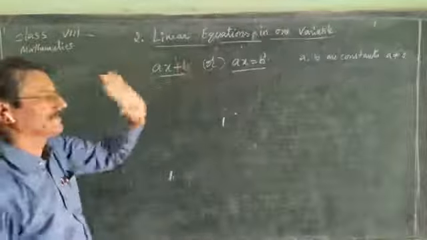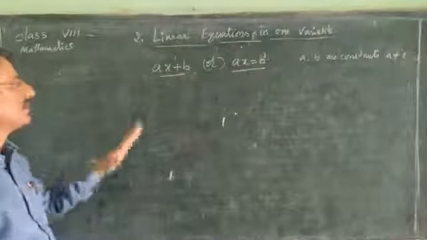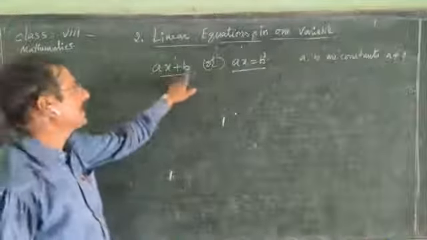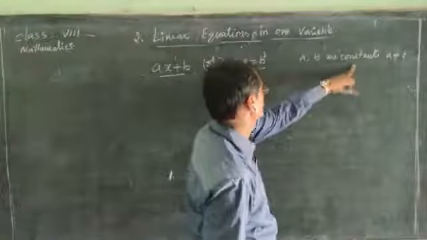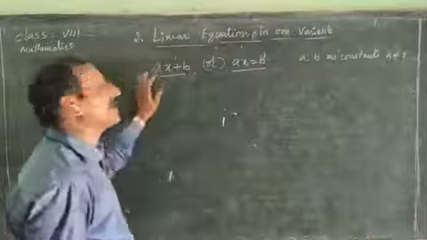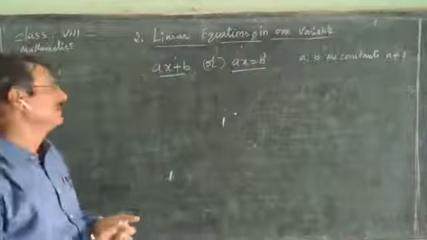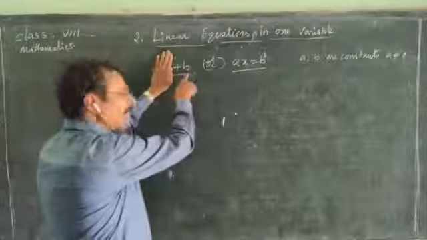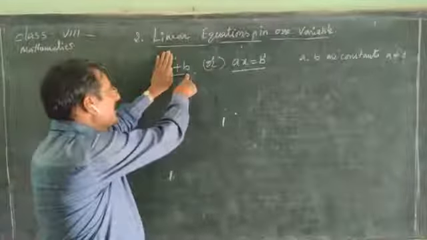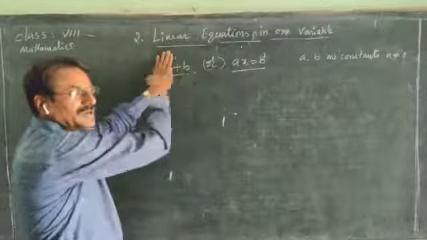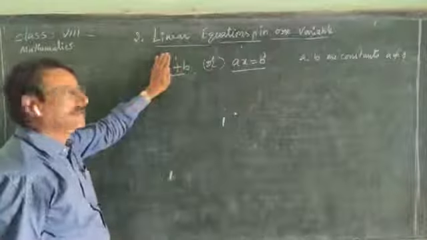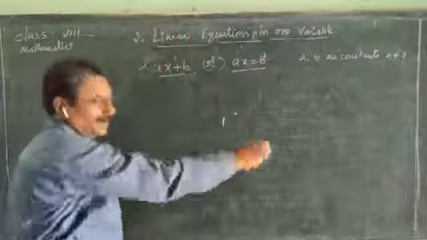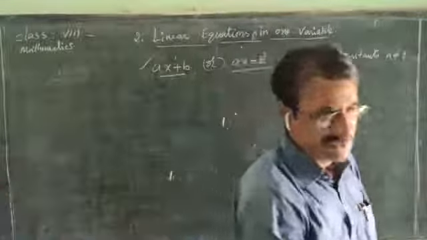Either this one or that one. What happens if a equal to 0? Then 0 into x equal to 0, and only b remains. Is there any variable? No. It is not a simple equation. So this is the general form of simple equations.